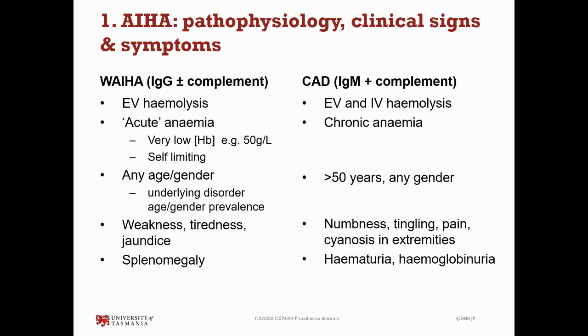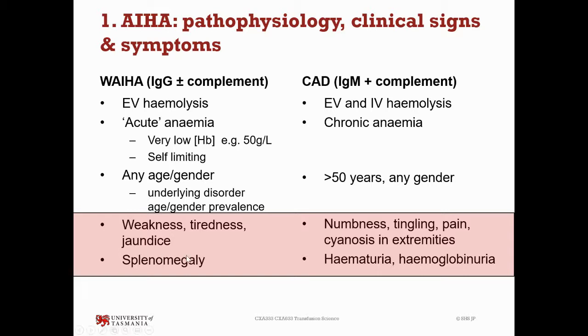Because we have this sudden drop in hemoglobin, we tend to get the classic anemia symptoms of weakness and tiredness. Because cold agglutinin disease tends to be a chronic anemia, you can get the hemoglobin going quite low, but because it reduces over quite a long time period, the homeostatic mechanisms within the body are more able to cope with that lessening anemia.